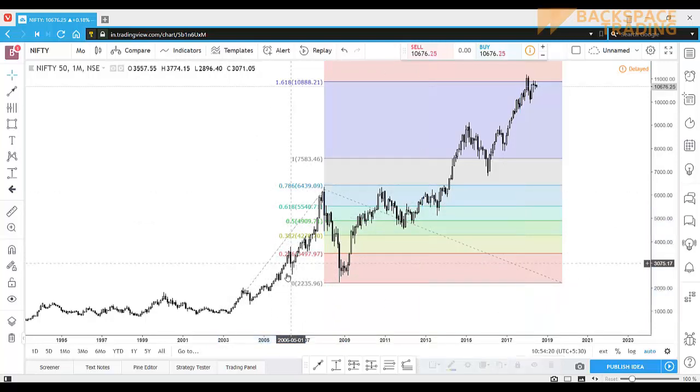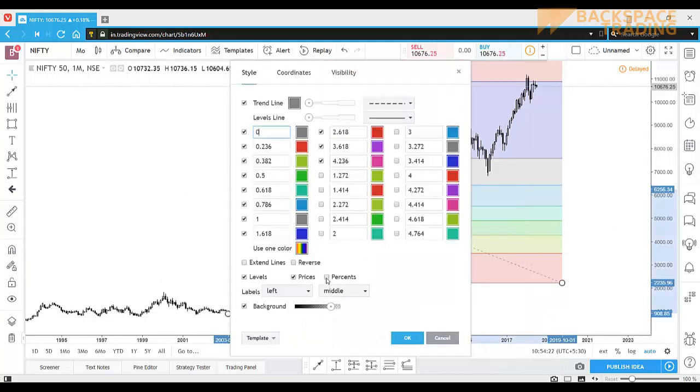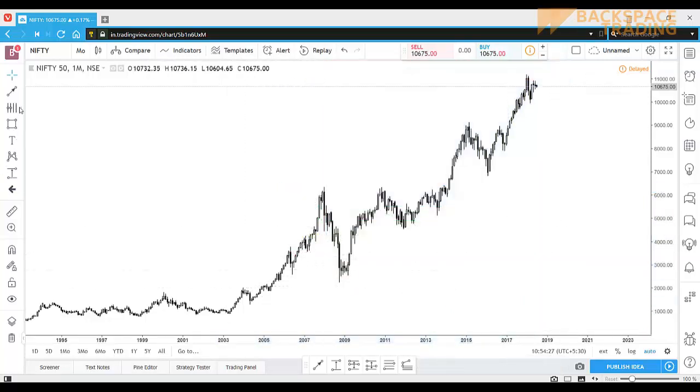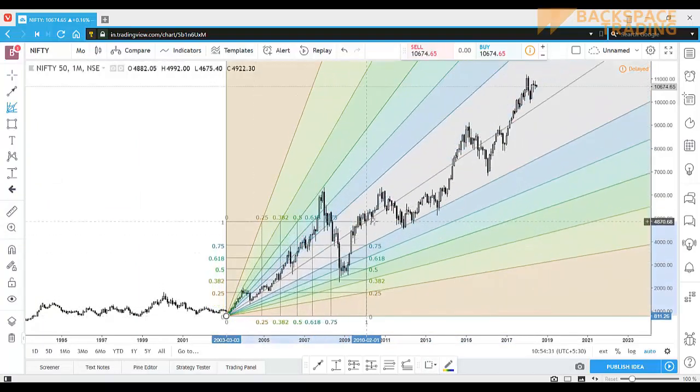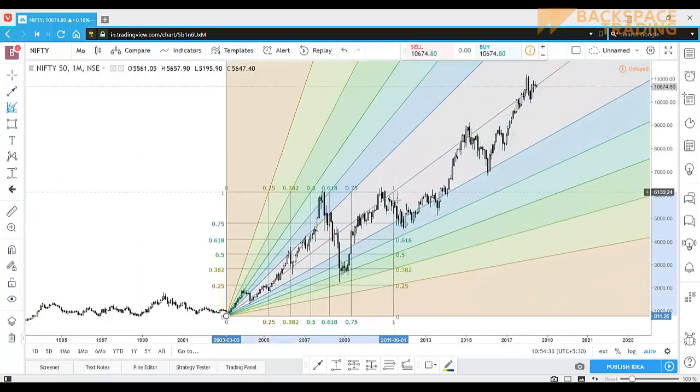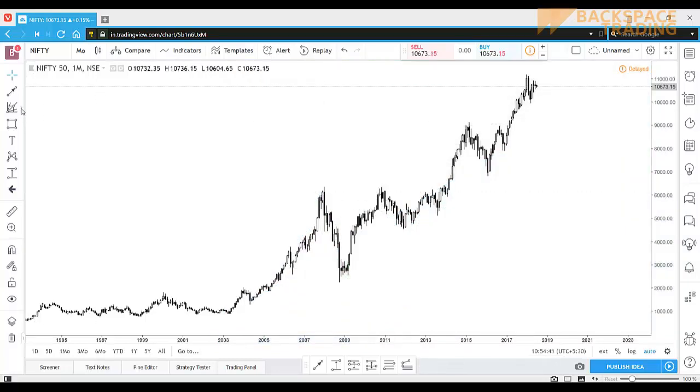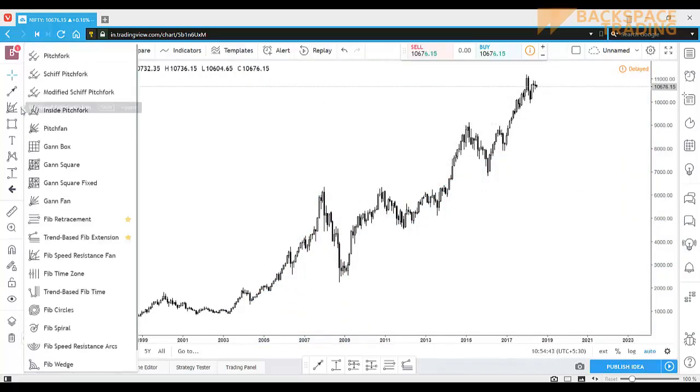I really don't know those parts because I'm not an expert in other fib tools. What else do we have? You have this fib some tool, you need to measure the median part. I don't know. See, these are tools that you can research on your own, okay?